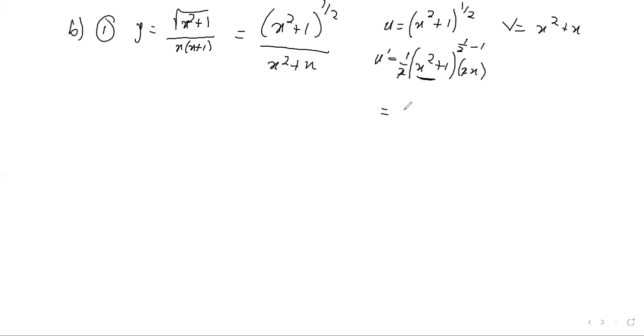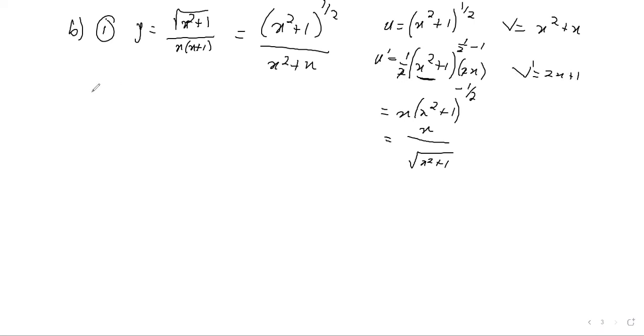So we have x multiplied by x squared plus 1 to the power half minus 1, which is minus half. So we can write this as x divided by the root of x squared plus 1. Since the power now is negative, you can take it in the denominator to become positive, and then half is just a root. So we go and differentiate v as well. Using power rule, this will just be 2x plus 1.